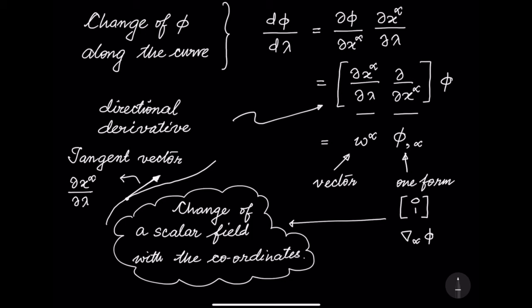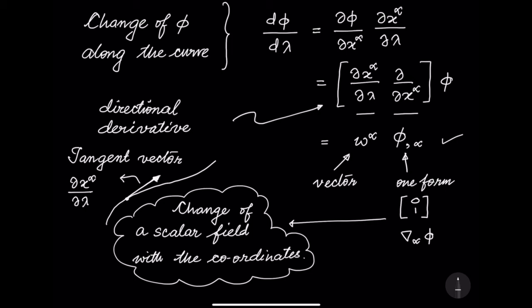If I now define a curve in the manifold, and I ask how my phi changes along that curve, then that turns out to be a contraction, which I have written here, of the tangent vector of that curve at a given point and a one form. And that one form is nothing but how this phi changes as a function of the coordinates. Okay, so that is how we defined the gradient of phi.